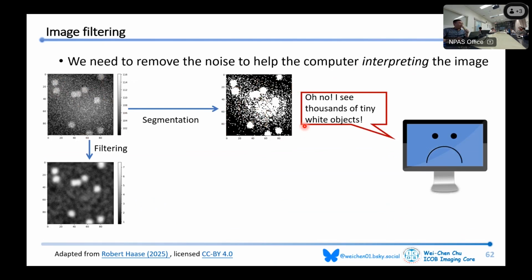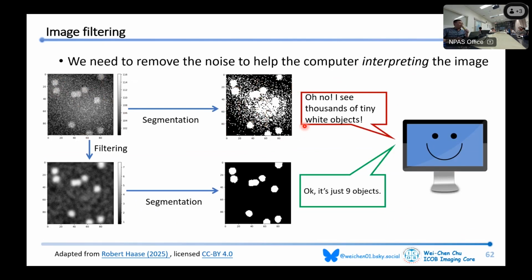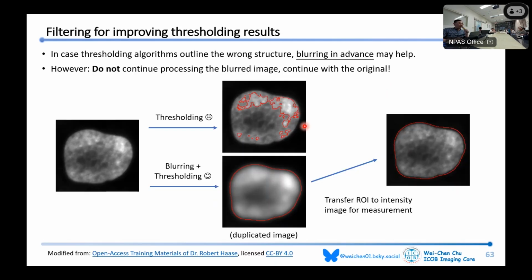But you can process them using some image filtering, and you can get a better segmentation result. Image filtering is sometimes not just for the noise, but for example, the nuclei itself. If we keep too much detail here, it's actually not good for thresholding.